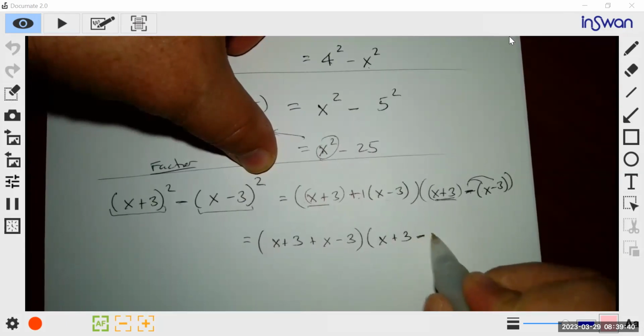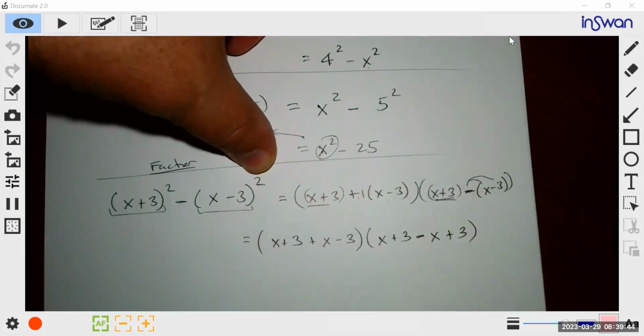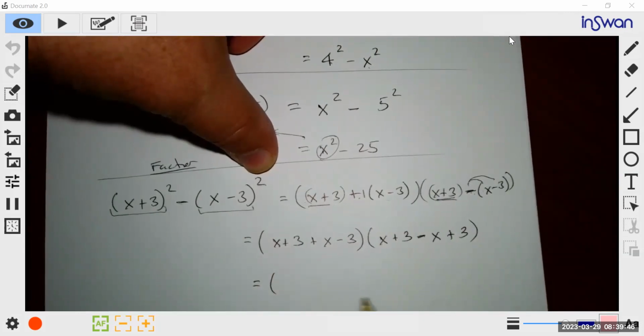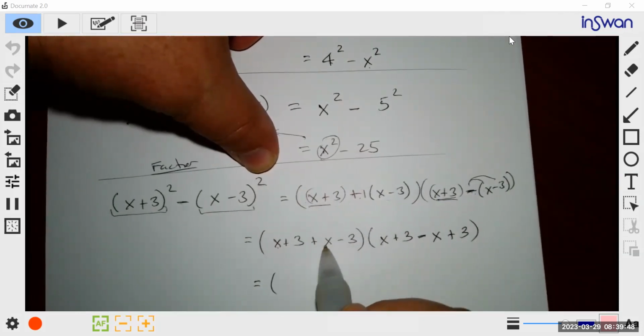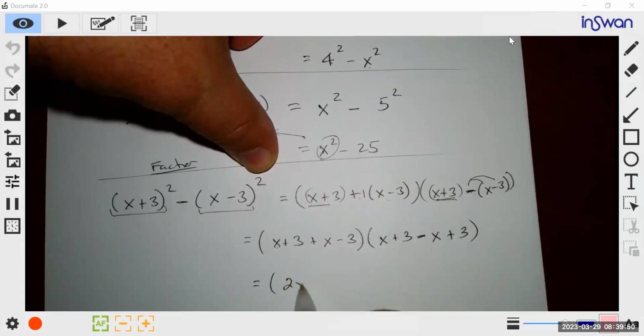Negative times positive is negative x. Negative and negative is a positive 3. Combine like terms. X plus x is 2x. The 3 minus 3 cancels. So I have a 2x in front. X minus x, the x's cancel. 3 plus 3 is 6.